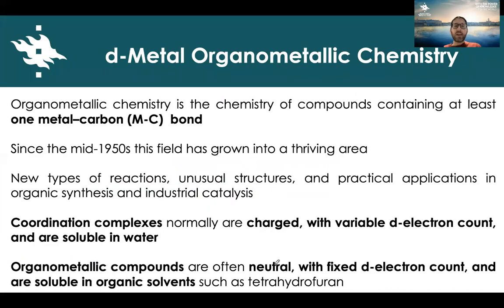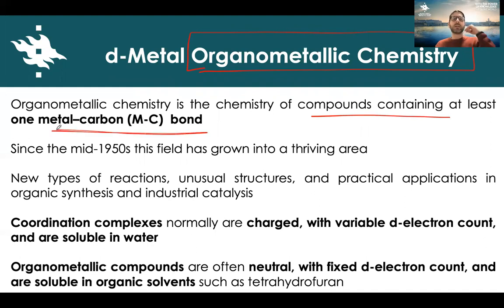And one of the last topics that I would like to mention in this course is organometallic chemistry, concentrated on d metals. This kind of notation is very common in organic chemistry. Organometallic chemistry refers to the chemistry of compounds containing at least one direct metal-carbon bond.